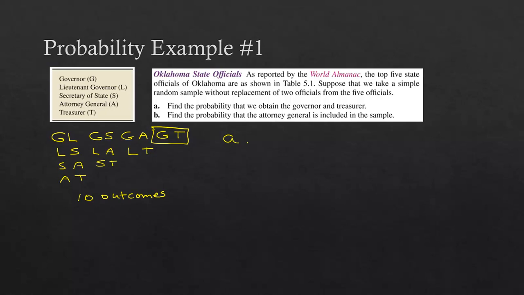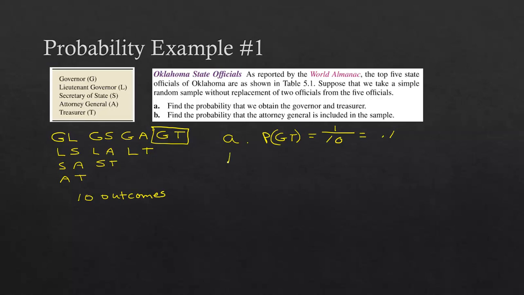So GT is the only one we have. So our probability of GT is one over the total number of outcomes, which is 10. Which is 0.1. So our probability here would be 0.1, or we could even say 10%.